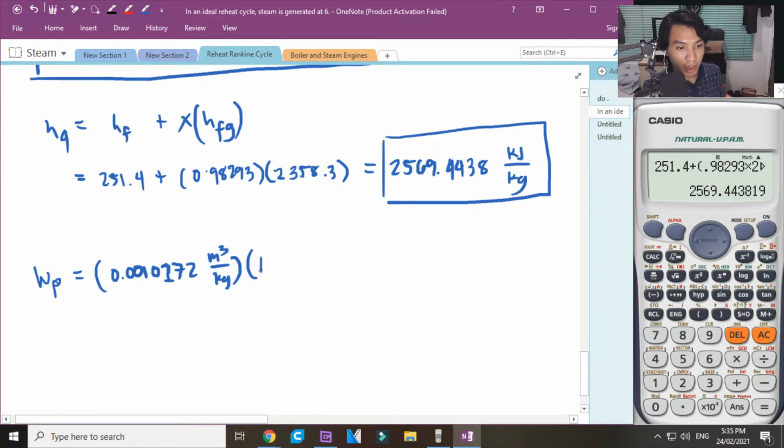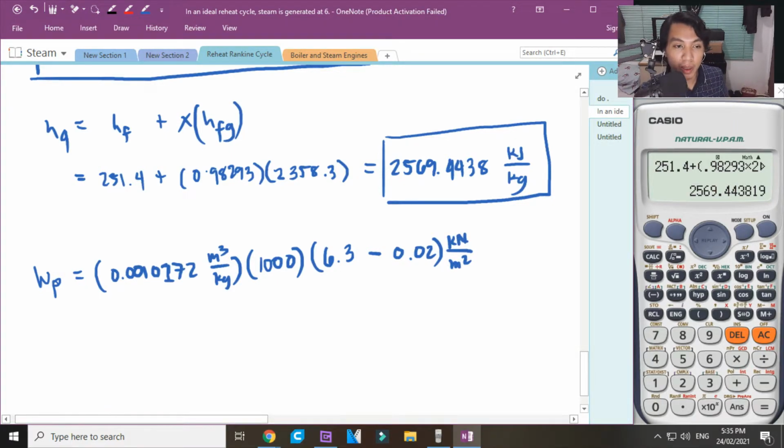Multiply mo ng 1,000, okay, para maging kPa, kilonewton per meter squared. Ano yung habulin niyang pressure? 6.3 minus 0.02. Okay, this is kilonewton per meter squared.